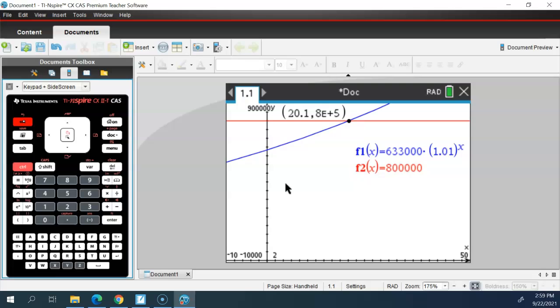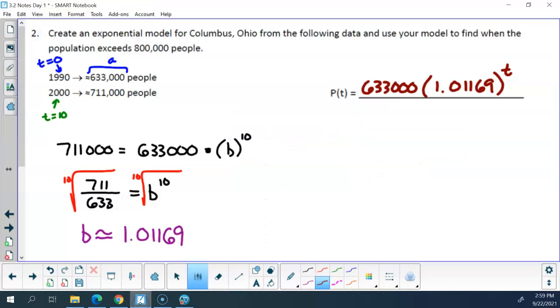That tells me that in 20 years, it will be 800,000 people in Columbus, Ohio. So Columbus would exceed 800,000 people 20 years after 1990, which means sometime in 2010.